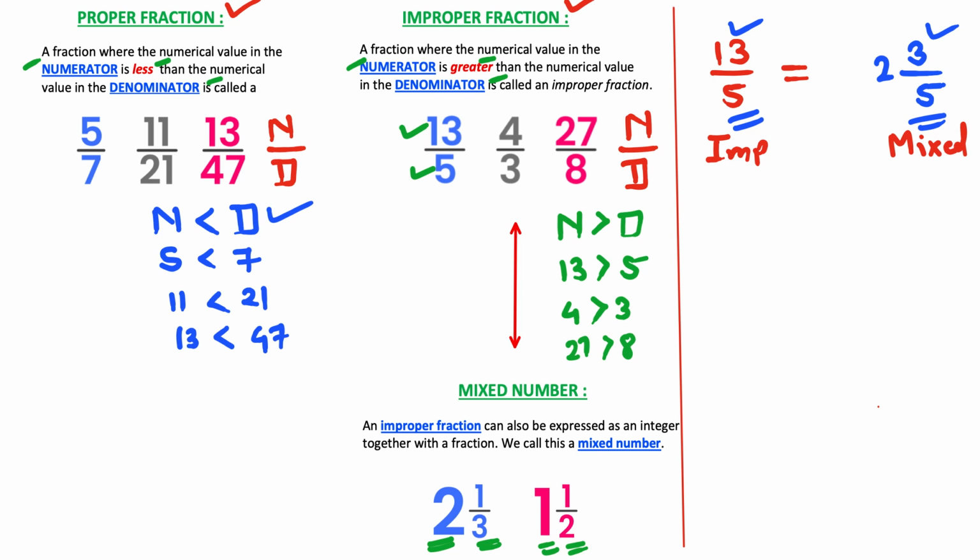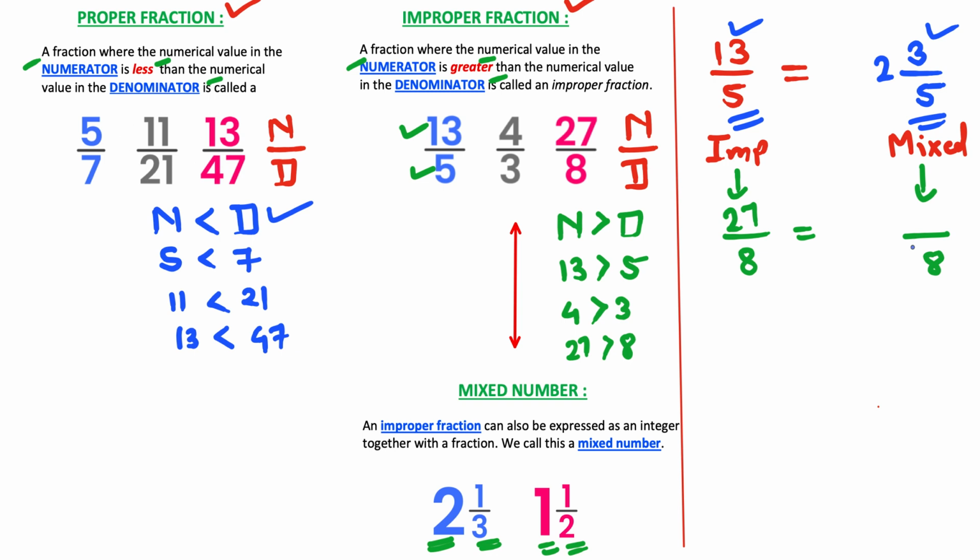Let me take another example. Let's go for 27 upon 8. This is an improper fraction, and now I want to convert it to a mixed number. I will keep the denominator as it is. The denominator was already 8, so I'm keeping it as 8 only. Now I will start counting the table of 8. 8 ones are 8, 8 twos are 16, 8 threes are 24, and 8 fours are 32.